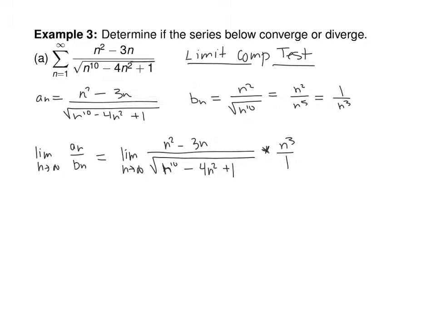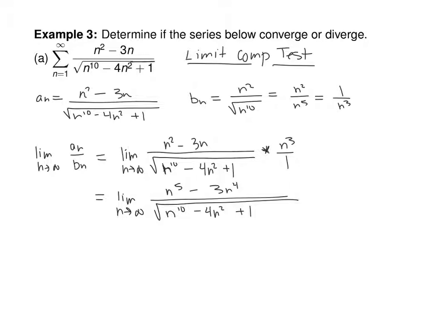Okay. So a n over b n is the same as taking a sub n multiplied by the reciprocal of b sub n. That will be n to the 5th minus 3n to the 4th over the square root of n to the 10th minus 4n squared plus 1.